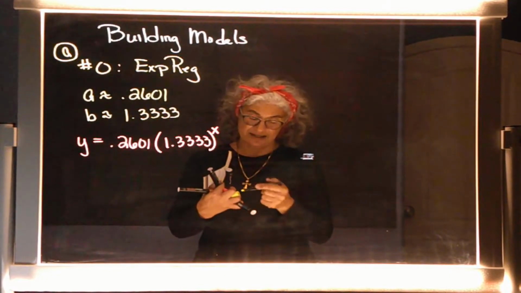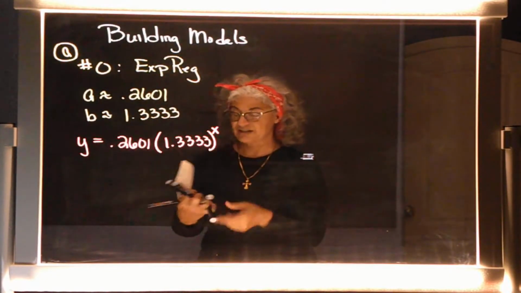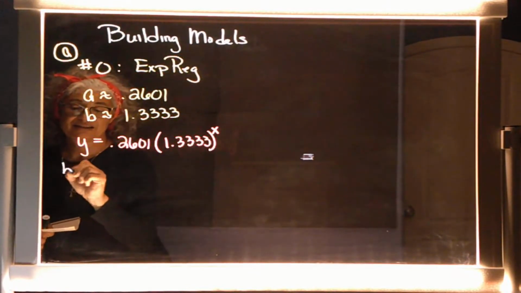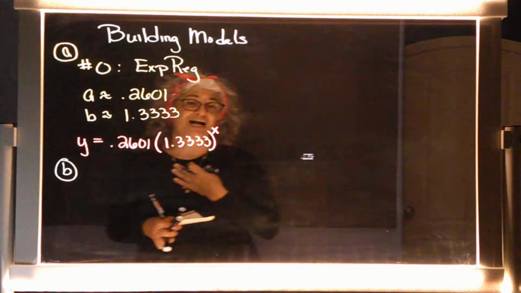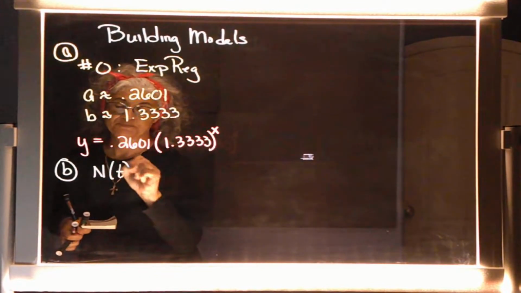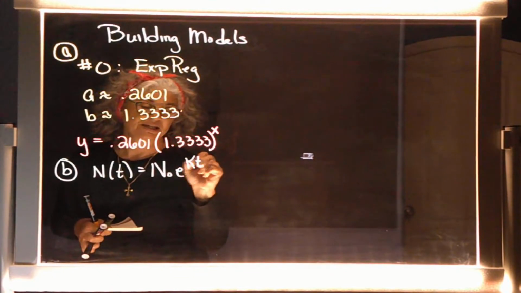Part C wants us to rewrite this particular exponential function in the growth model function I'm used to seeing. And what they gave me was this. Isn't this our normal growth model?